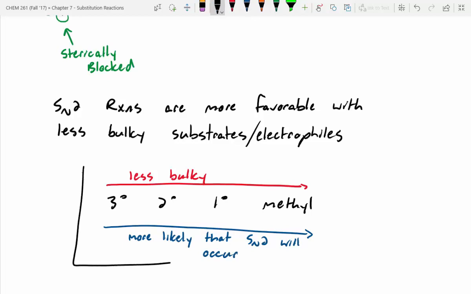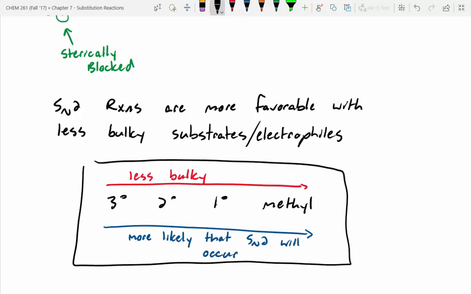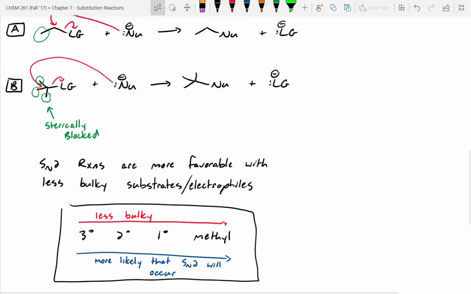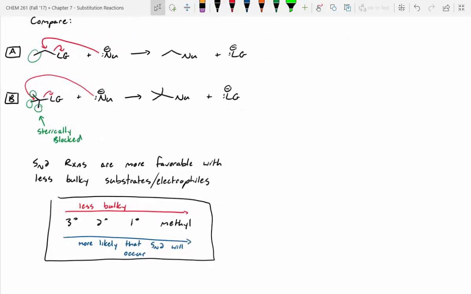And this makes it a lot easier, right? Because if we think about SN1, the trends were reversed, right? It was more likely to do SN1 if it were tertiary, where with SN2, it's more likely to do SN2 if it's a methyl group. Does that make sense? Are there any questions with this before we start talking about new stuff?